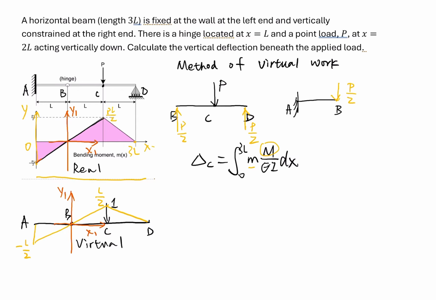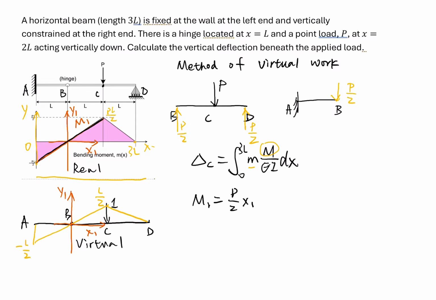Then we can express this curve. If I say this curve is M1, then M1 can easily be derived. M1 is equal to P over 2 times x1. So this is the function expression for this curve M1.